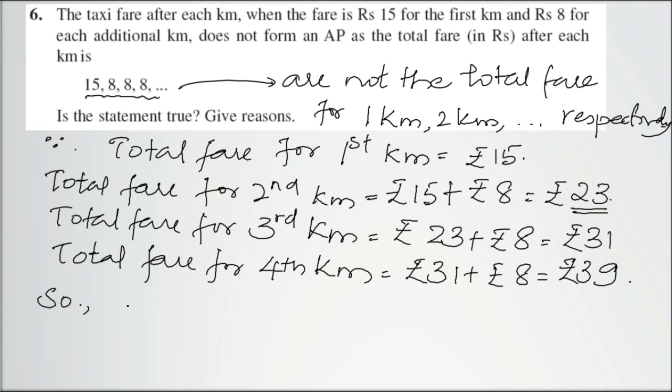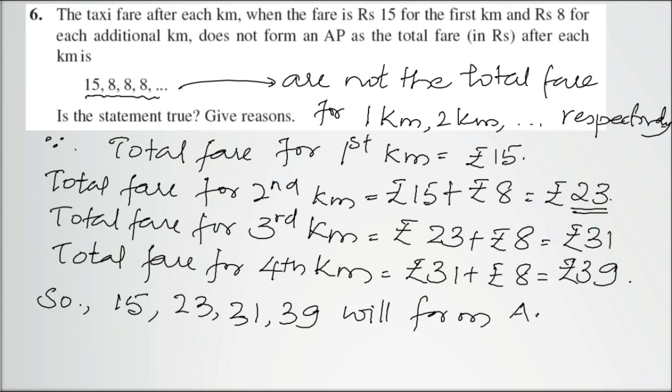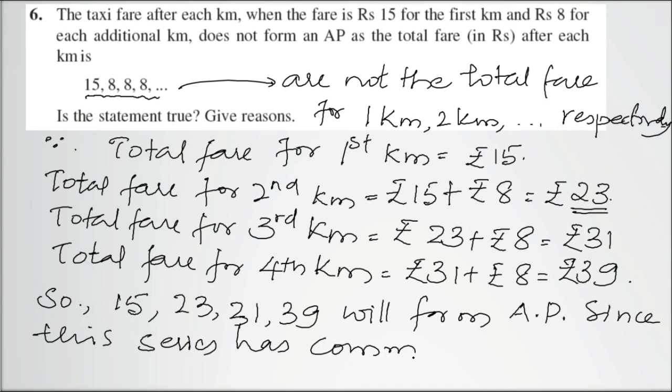So 15, 23, 31, 39 will form an arithmetic progression, since this series has a common difference equal to 8.